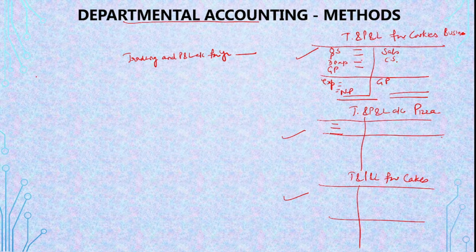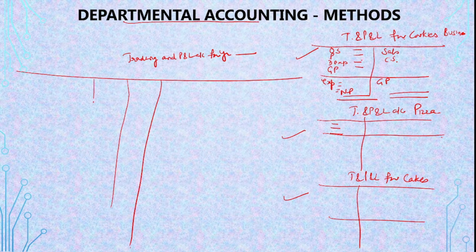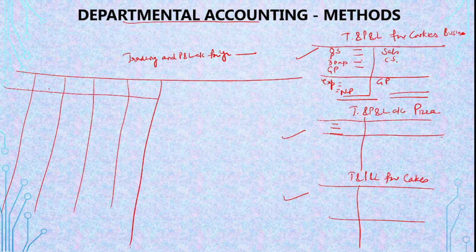Another way is, since we have to put in the same information, you make one columnar trading and P&L account. Since you have 3 product lines, you put in product lines A, B, C and total. When you write opening stock, you have the stock of A, B, C and then total.